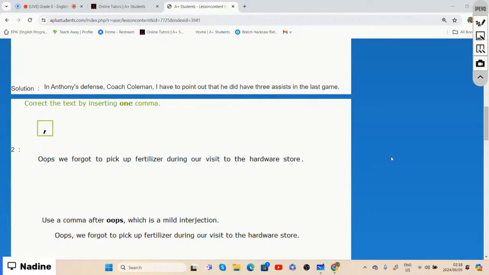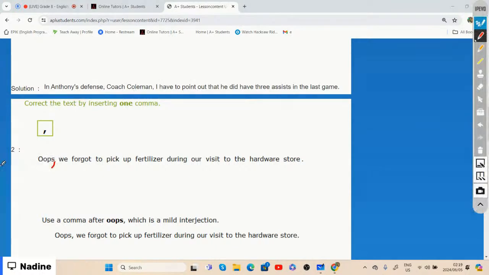We will insert a comma just after the word oops, right? Because we said that that is a mild interjection, like, say, oh wow, oh, oops. So we use the word oops and a comma to separate that from the rest of the sentence, and that we called a mild interjection.